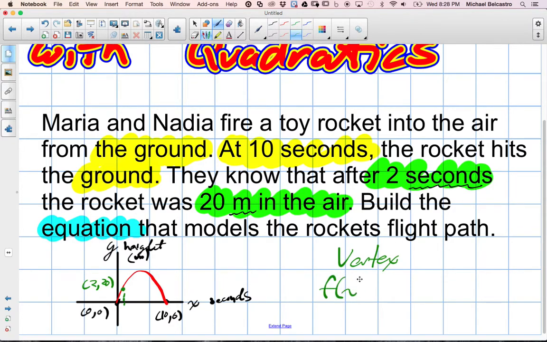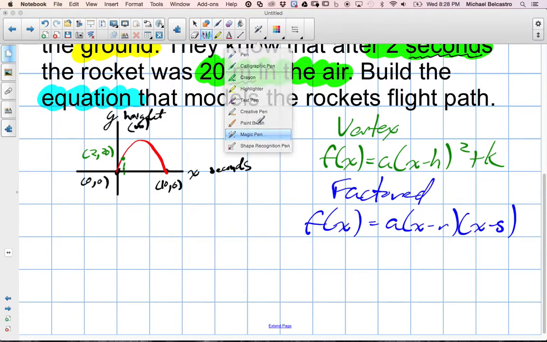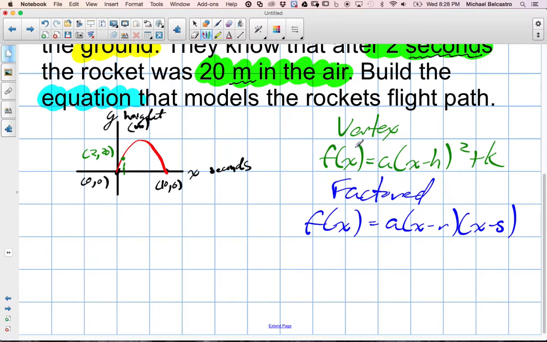Okay, good. f(x) = a(x - h)^2 + k, or factored form, which is f(x) = a(x - r)(x - s). Each of these is easier to build depending on what information you have. Obviously, the vertex form is easier to build if you have the vertex, and the factored form is easier to build if we have our x-intercepts. Since this question gives us x-intercepts, we're going to build using factored form.